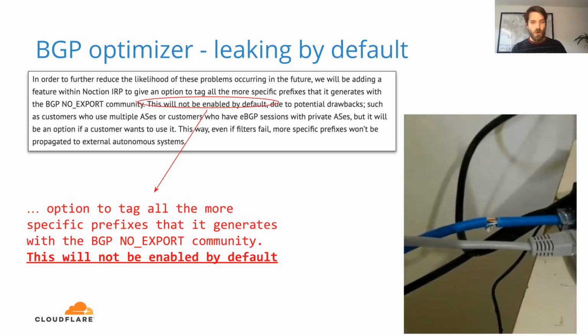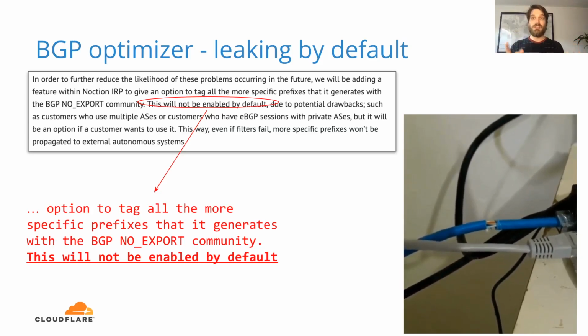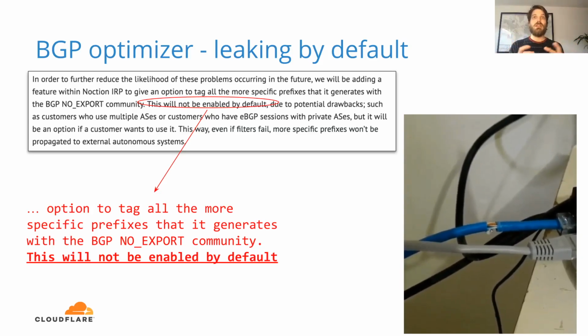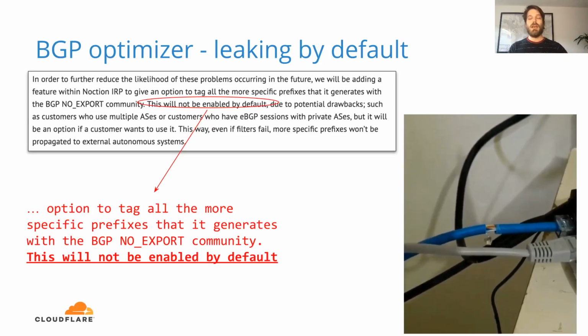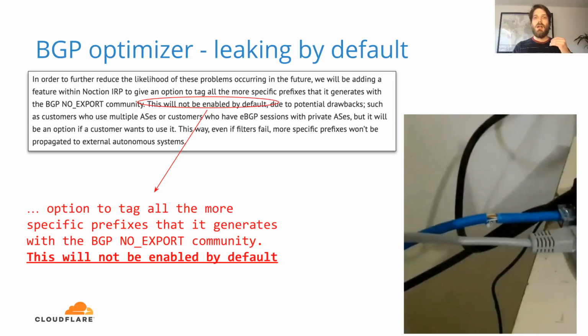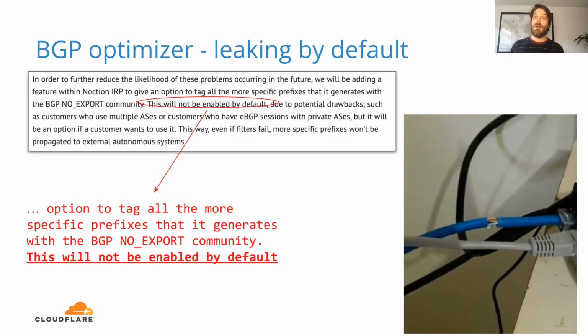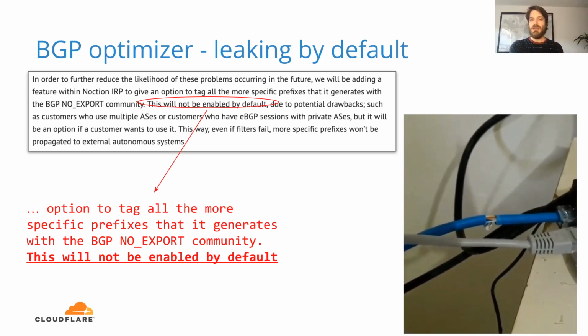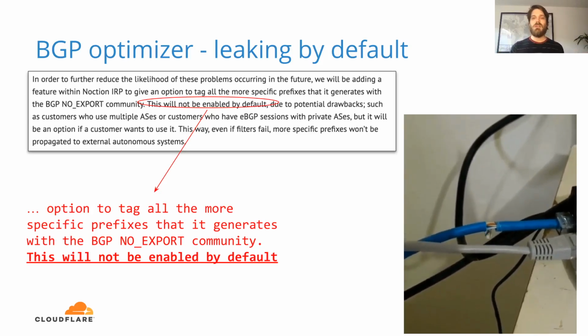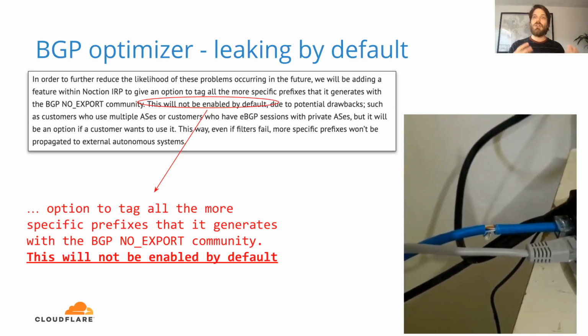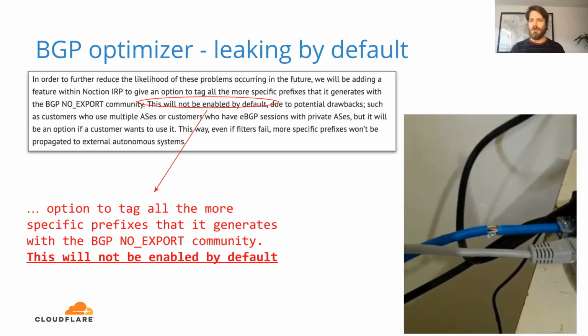What made it even worse is that within our community we have a well-established community called No Export, which basically means that any prefix that has that community attached will never be exported to a different autonomous system. While BGP optimizers, or at least some of them, apparently have this feature, it is disabled by default. That just means they're insecure by default. And that is, for a modern company, to us anyway, very ridiculous.